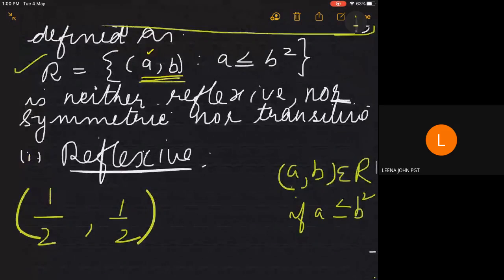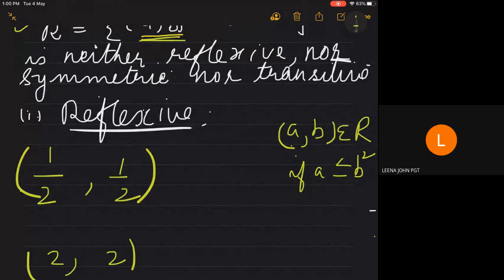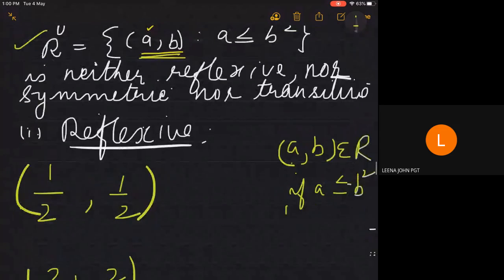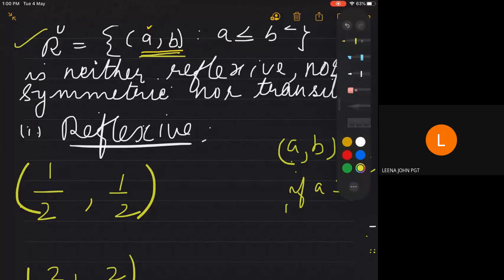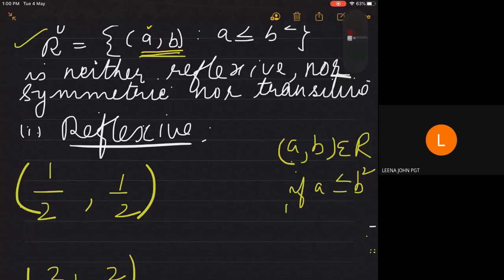So in order to check whether (1/2, 1/2) is in the relation, we need to check whether 1/2 satisfies the inequality or not.